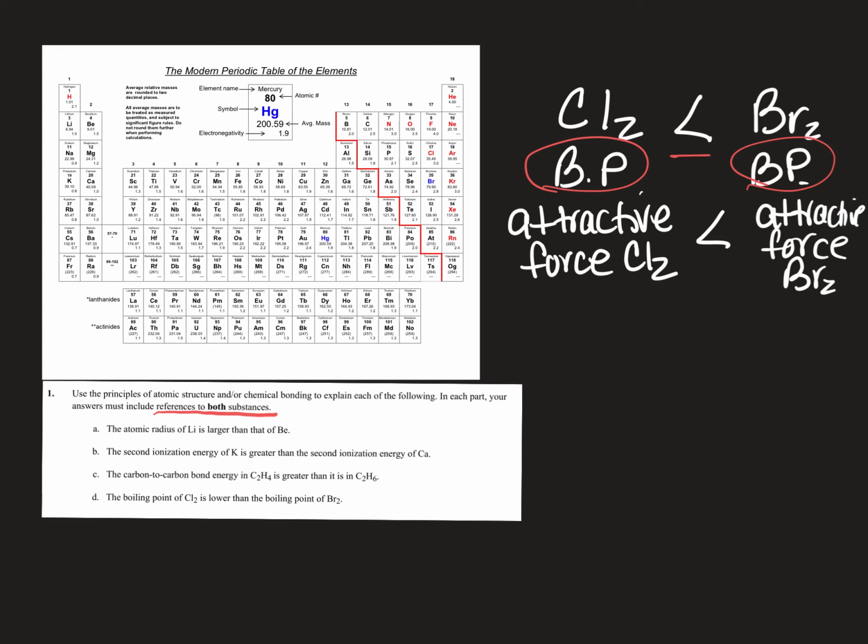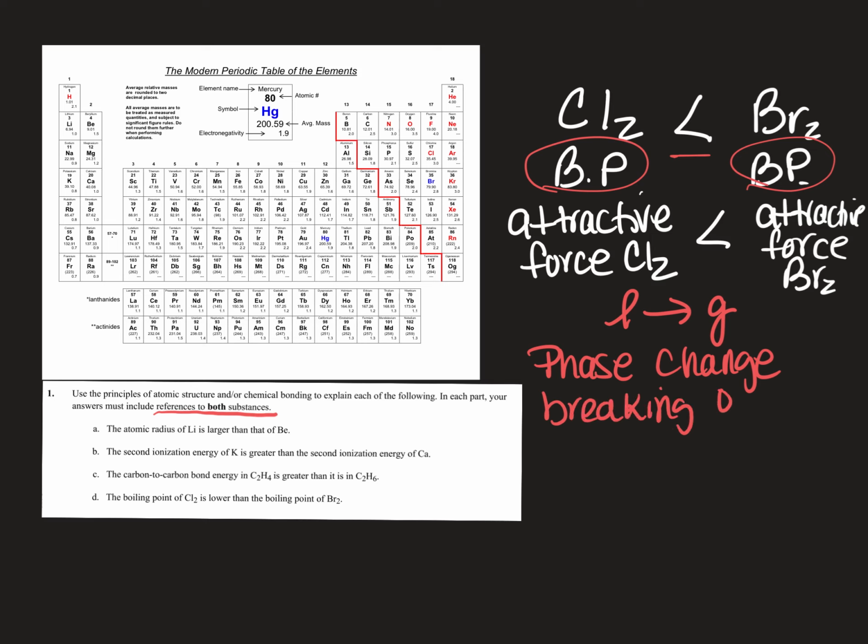Now, when we're looking at boiling, we know that for both of them, we're going from a liquid to a gas. So we're looking at a phase change. A phase change requires, and when we're talking boiling, the breaking of the intermolecular force. So we do have to identify the intermolecular force. So we know that this force is going to be less for chlorine than it is for bromine.